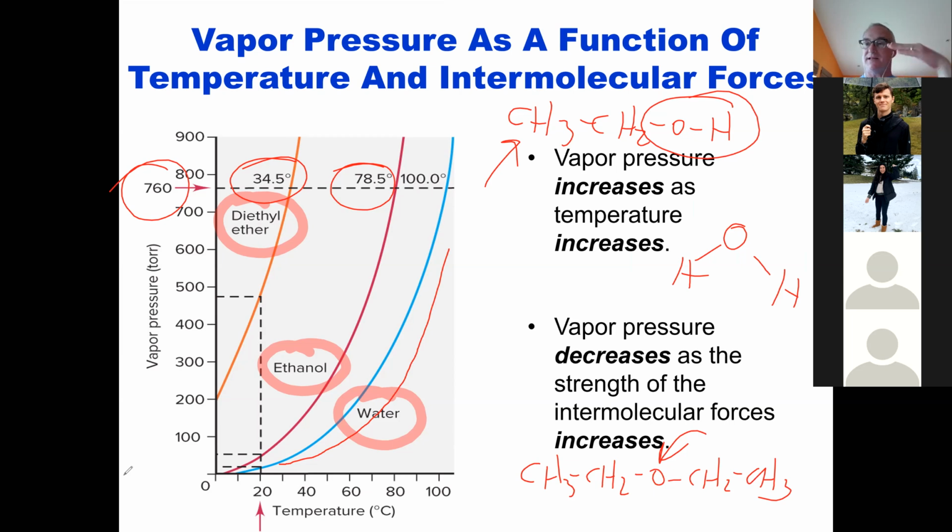Why? Because it has two nonpolar sides and a polar part in the middle, and that leads to much harder interactions. Those polar interactions are much more difficult when you're blocked by having two nonpolar edges. So any questions about this?